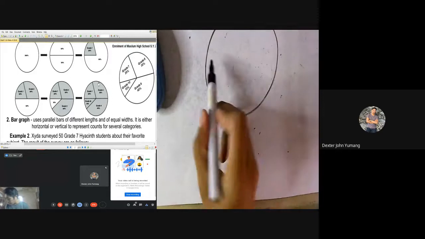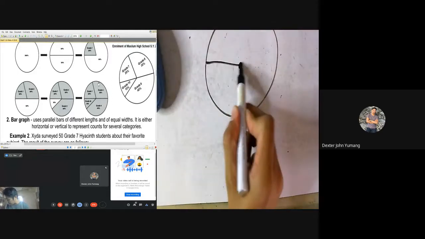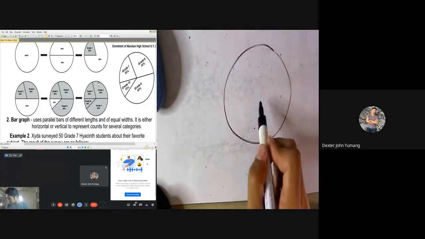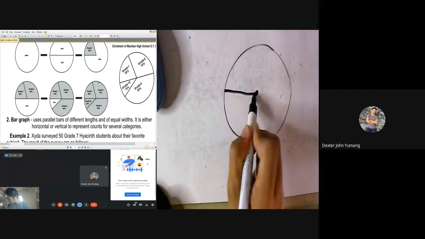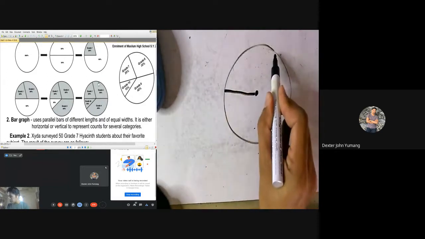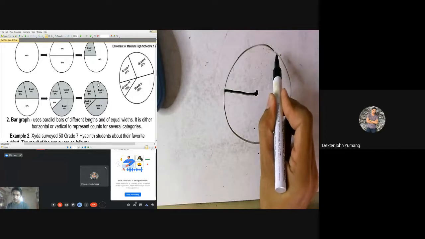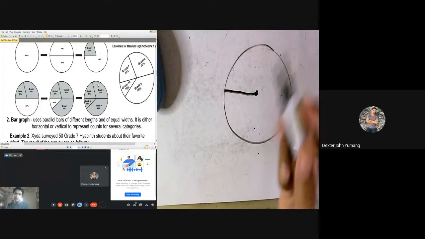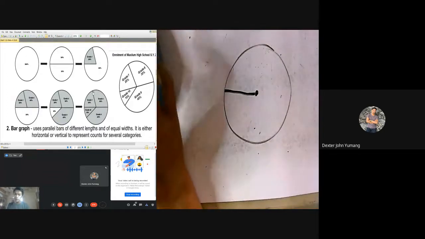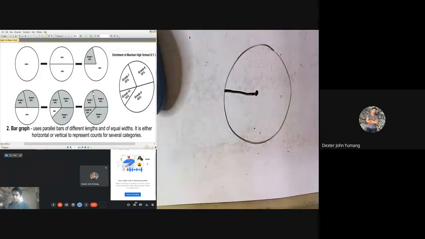So here is where we start. The protractor, you will place it, for example, here. Measure from 0 to 72 degrees. In this case, it will look like this. Okay, that is 20%. Or you may use the percentage in order to make this your answer.